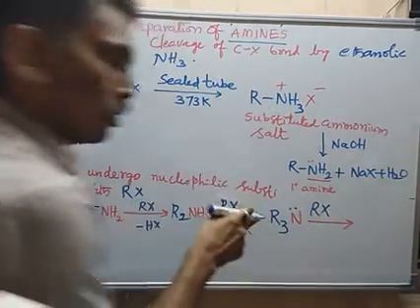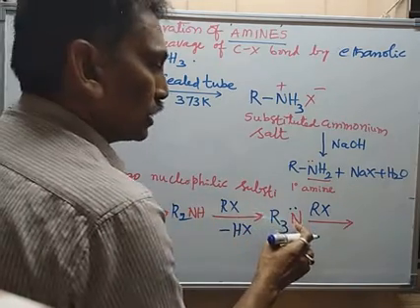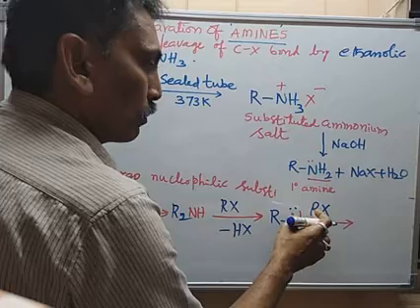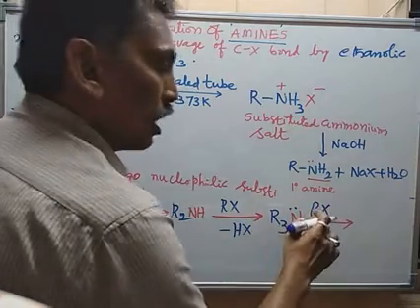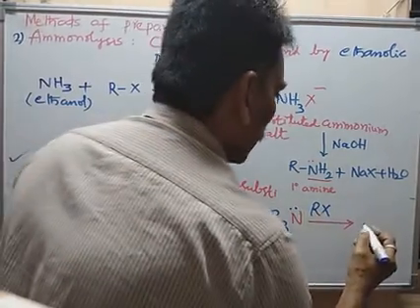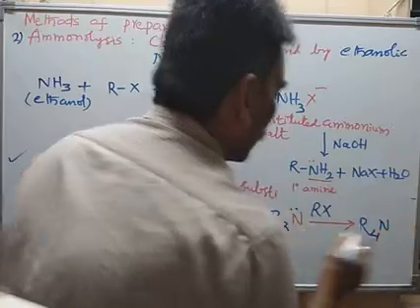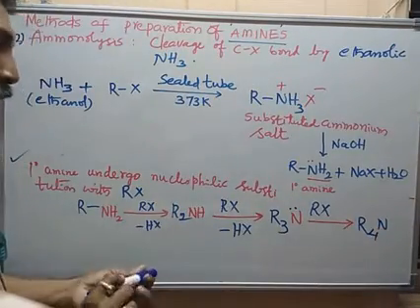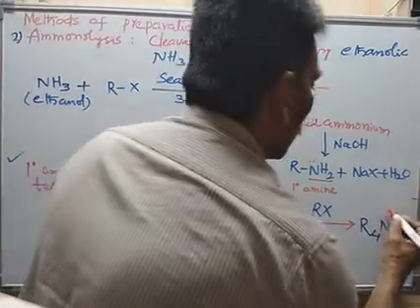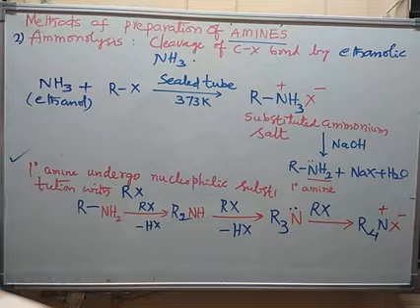As nitrogen has a lone pair of electrons, it donates the electron pair to R plus, with X minus, and you will get R3 becoming R4. By donating its electron pair, nitrogen acquires a positive charge, and the halogen is electrostatically attracted to the cationic part.